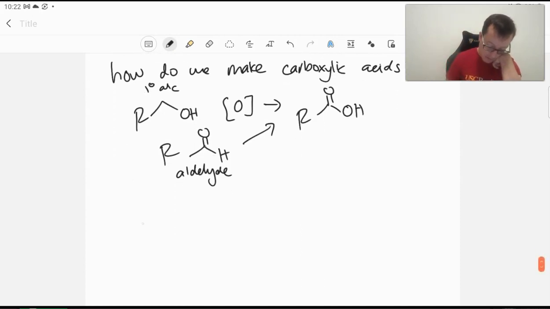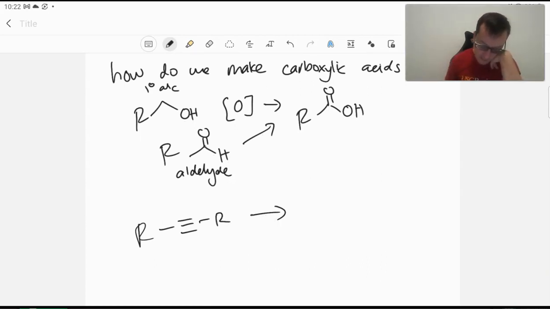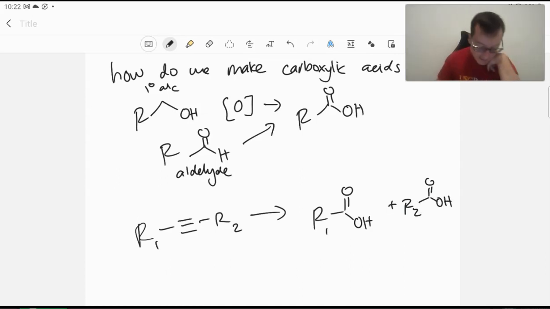But from an alkyne, how do we make carboxylic acids? How do we make carboxylics from alkynes? Do we remember the reagents?